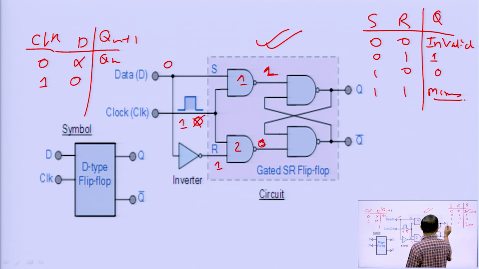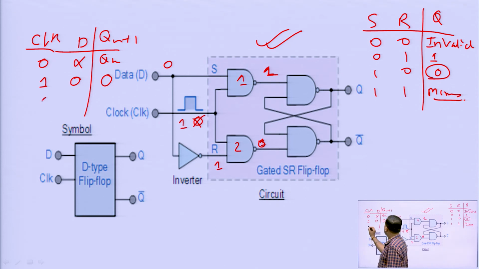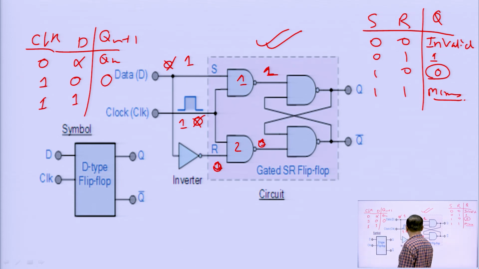So, for 1 0 we will have Q as 0. Okay. And next, when the clock is 1 and now D is 1, here it will give 0. So, for 1 and 0 this is 1. So, for that we will get Q as 1.